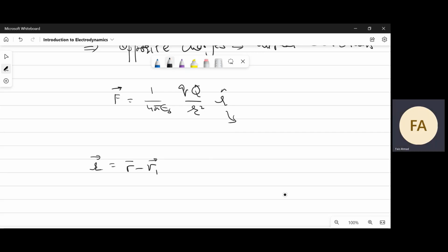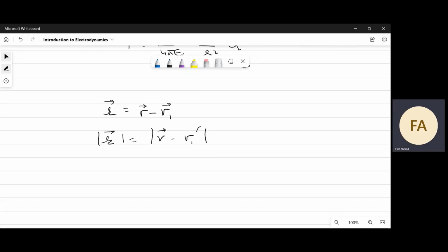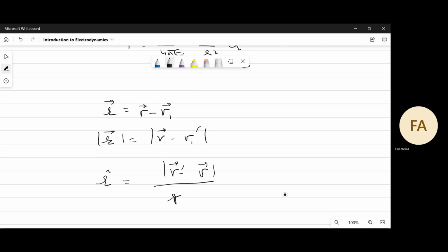And the separation vector is R minus R prime, and the magnitude of this becomes the modulus of R minus R prime. If you want to find the unit vector, it's straightforward: the vector divided by the magnitude of the vector.